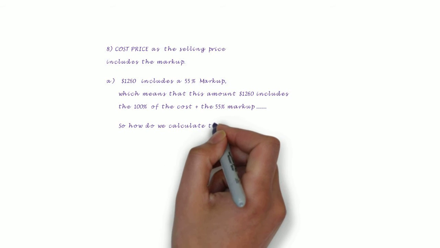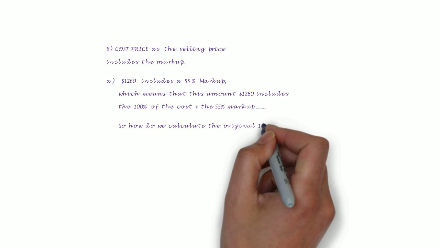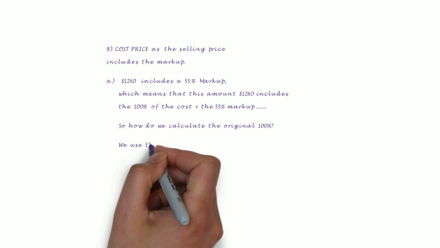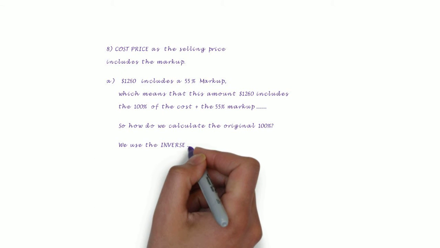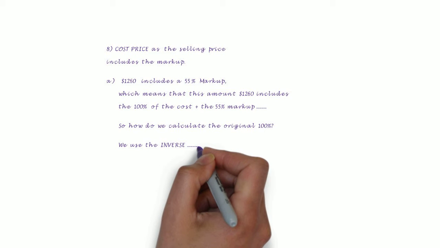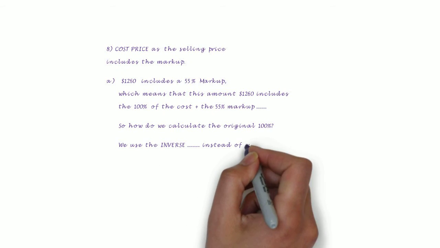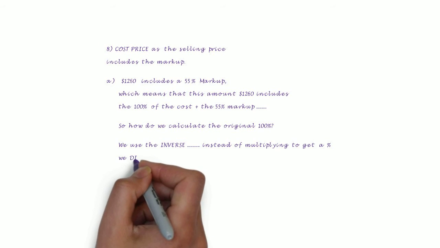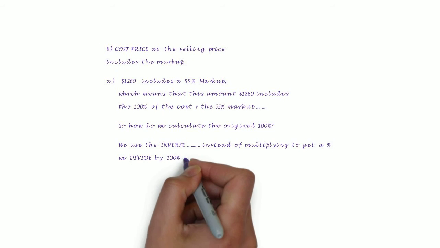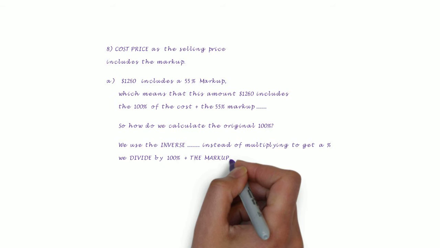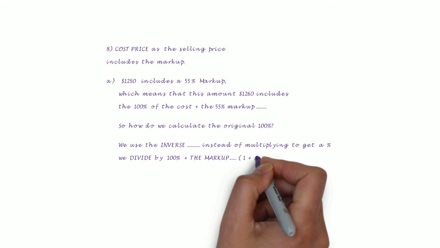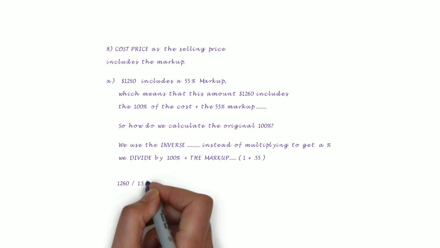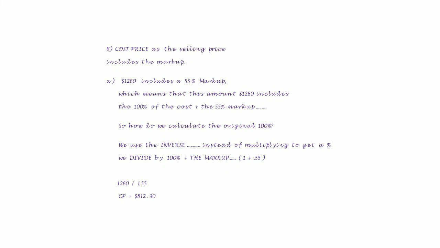That means instead of multiplying to get our answer, we will divide. So in this instance, we're going to divide 1,260 by 1.55. So then we work out what our cost price is, because that 1,260 is the 100% plus the markup, 1 plus 0.55. So divided by 1.55, and it'll be $812.90.